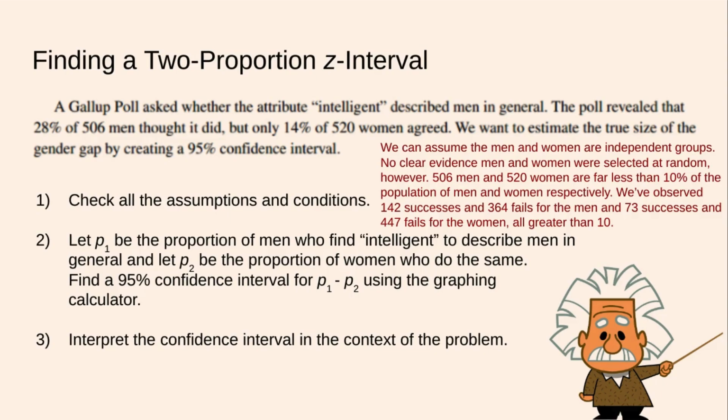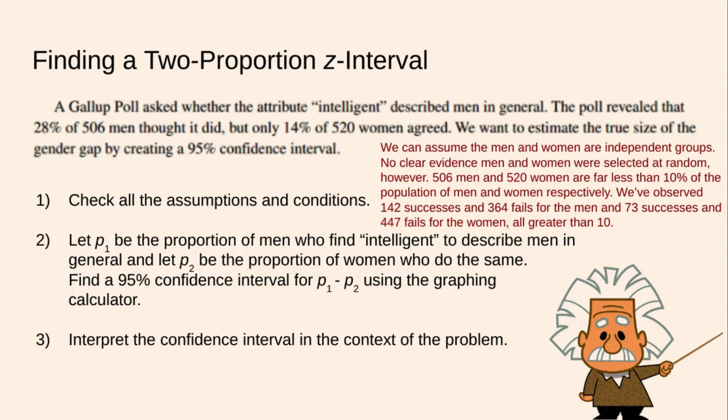So unless we're dealing with matched pairs or a before and after study, or there's any reason to think that the groups may have influence on each other, we will assume that they do not, and we can move on. However, there is no clear evidence that the men and the women were selected at random. There is nowhere in this example where we can determine that the men and women within their groups were selected at random. So that's a little suspect, and I would like to know more, but moving on.